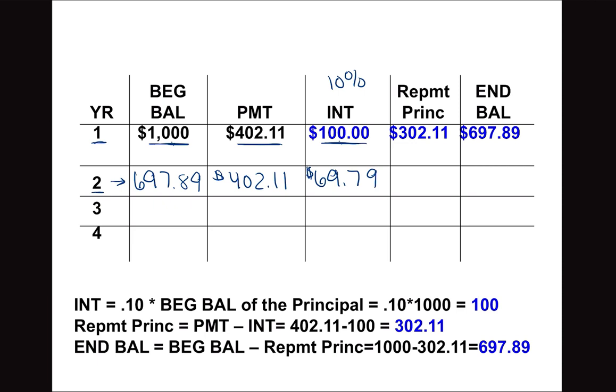So if I am paying $402.11 and $69.79 of that is going towards interest, how much is going to be going towards my principal? I'm going to take the 402, subtract the 69.79, and I'm going to get $332.32-ish.